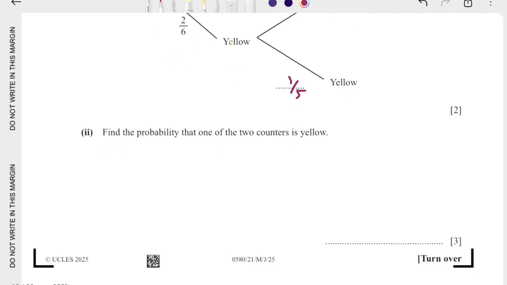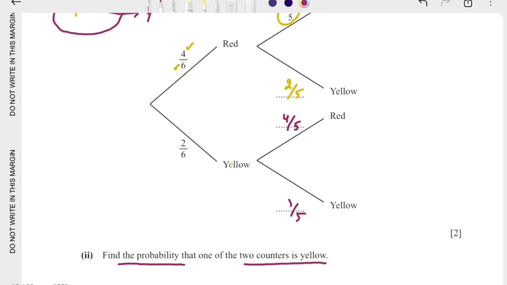Second part, find the probability that one of the two counters is yellow. Now look at the tree diagram. We have to choose where a yellow counter appears one time. So one would be red and yellow and the other would be yellow and red.